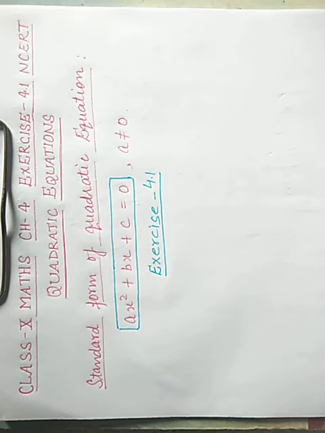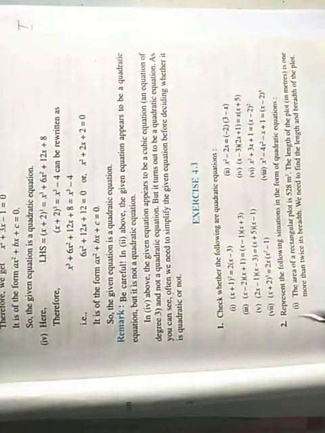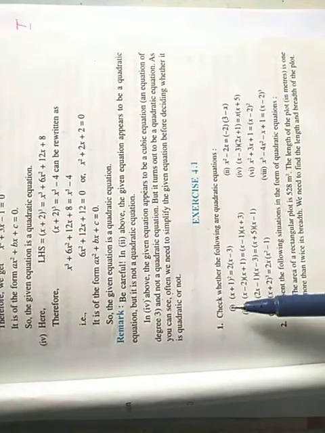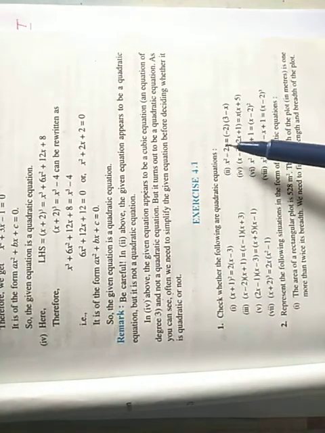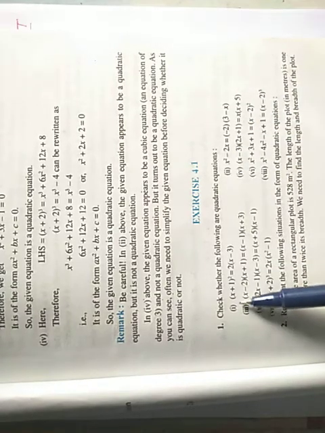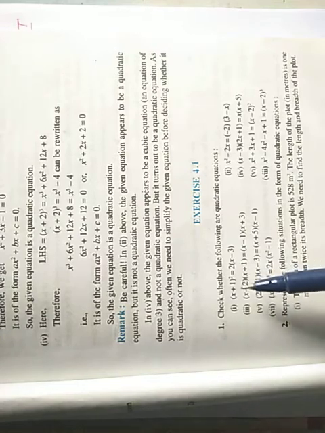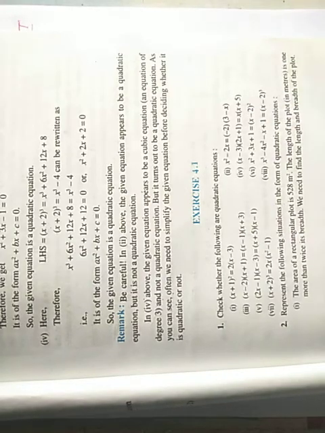So let us start. Exercise 4.1, first question is here. Check whether the following are quadratic equations. Right? So let us solve the first part of this question. We have to check here whether the following are quadratic equations.